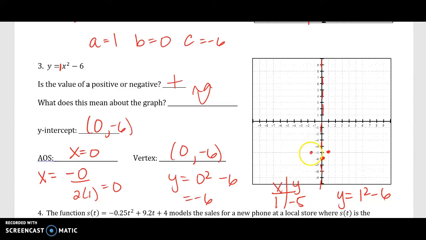Reflect that point, and there we go. It's enough information to get going. I could have picked x to be 2, I could have picked x to be 3. Pick any x value just to get another point on the graph.